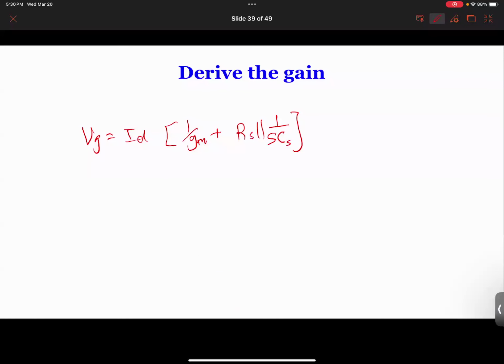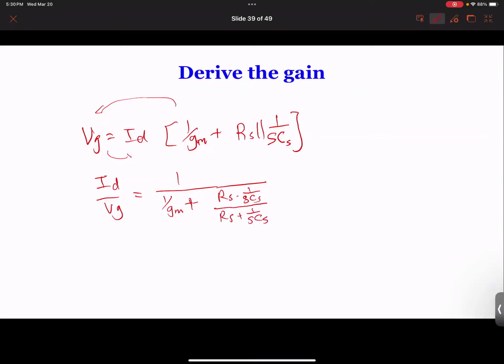So now we can write ID over VG equal to, so ID, we move this aside, we move that to this side. We have 1 over GM plus, so this RS, this in parallel. Parallel means RS times 1 over SCS, over RS plus 1 over SCS.